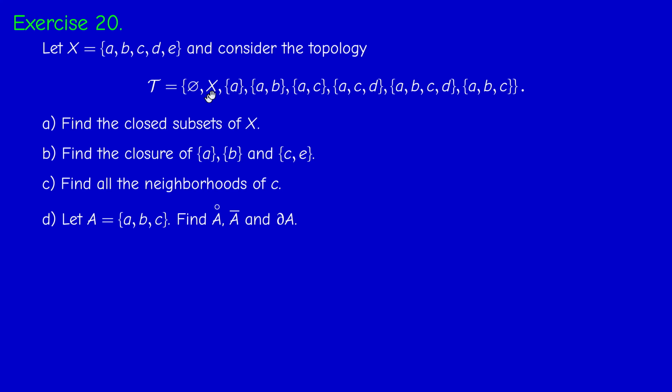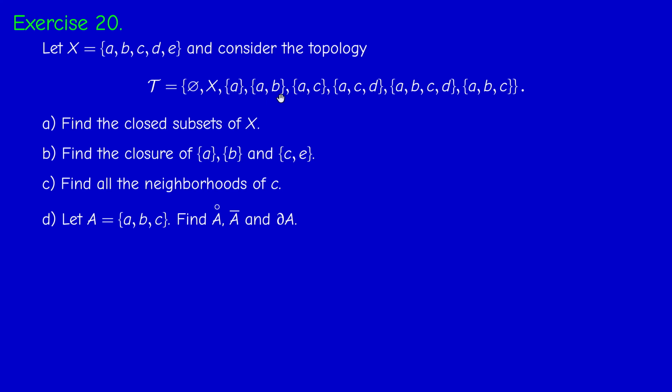So it contains the empty set and the whole space, always. And if you take any 2 or 3 elements in this collection, their union is still in the collection. If you take AB and AC, for example, the union is ABC, and the intersection is A, both in the collection. If you take AB and ACD, then the union is ABCD, and the intersection is A again.